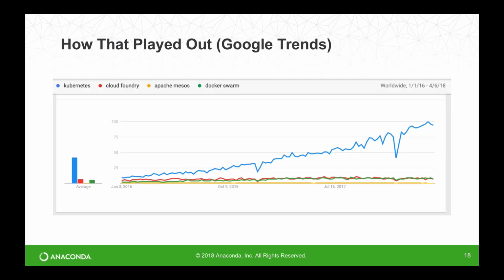And essentially, by using Google Trends, we can see what happened. You can see back at the beginning of 2016, all of these different container orchestration approaches were very close and real contenders with each other. But over time, gradually, Kubernetes came out ahead and essentially has become the de facto container orchestration system today.